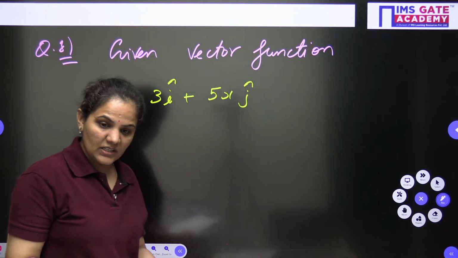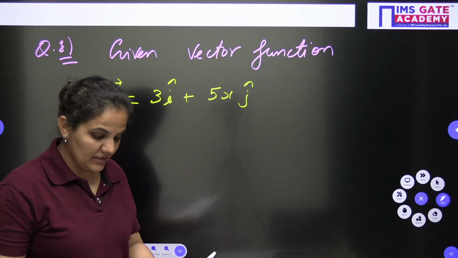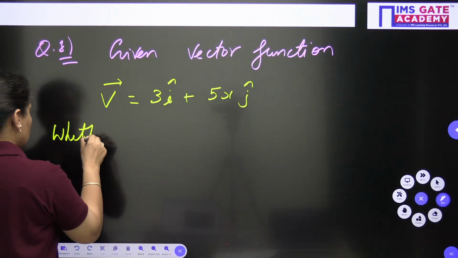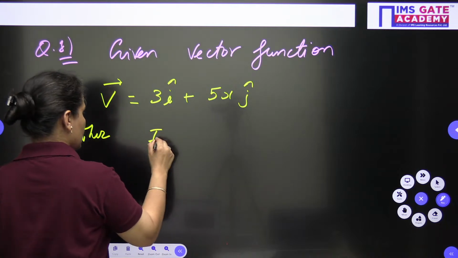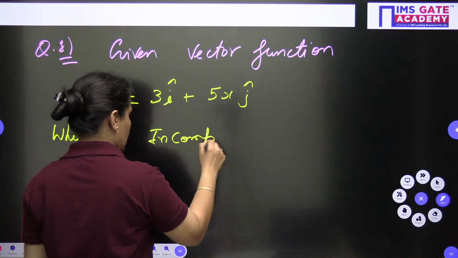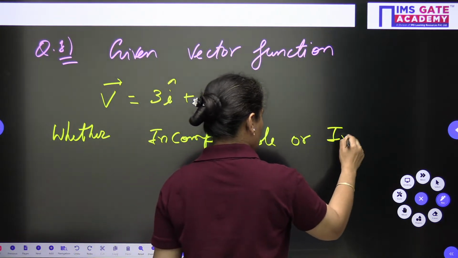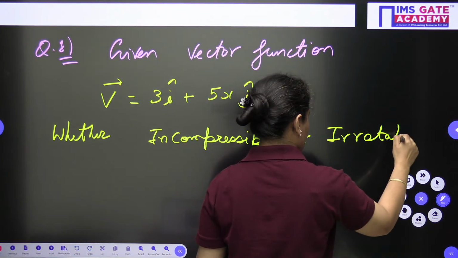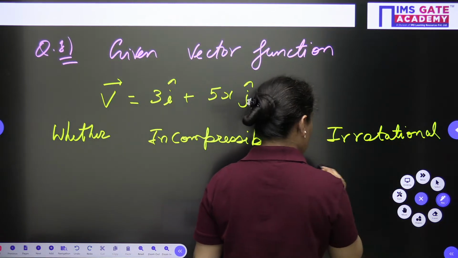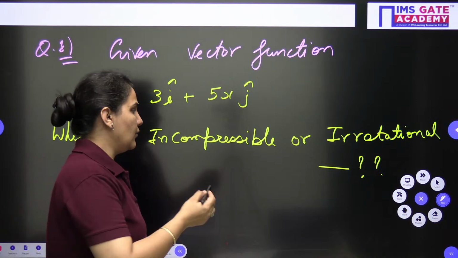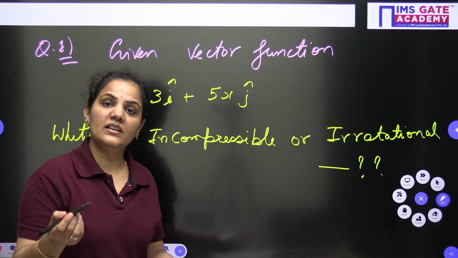And for this function, we need to check whether this is incompressible or irrotational. We know first of all for the irrotational we need to check the curl, and for the incompressible we need to check the divergence.